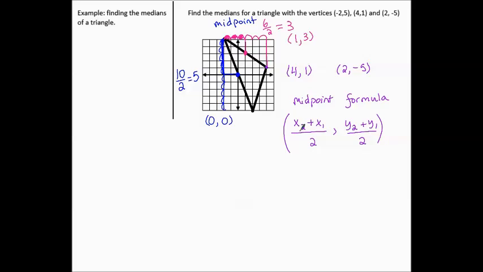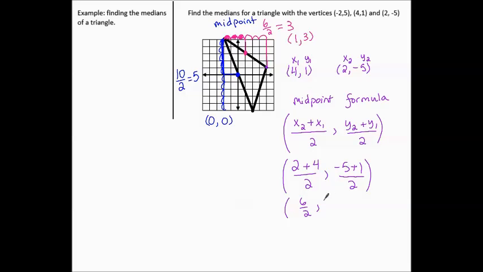So our x2, x1, y2, y1. So we have 2 plus 4 divided by 2, comma, my y2, negative 5, plus my y1, 1 divided by 2. 2 plus 4 is 6 over 2.